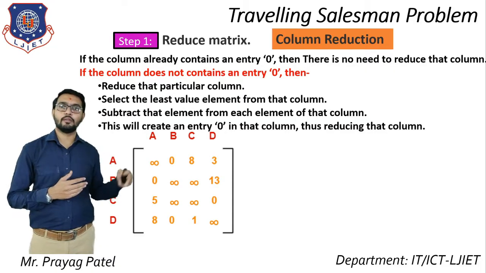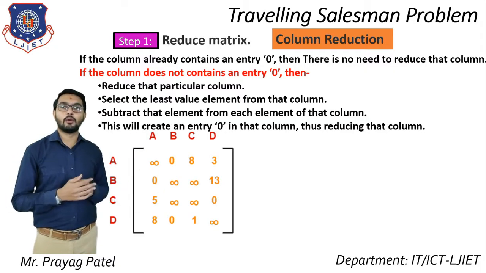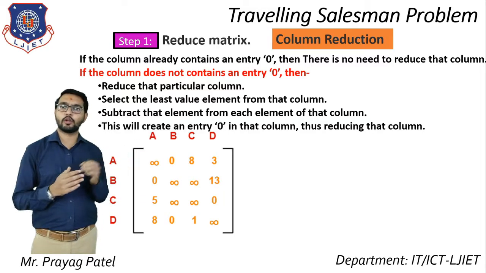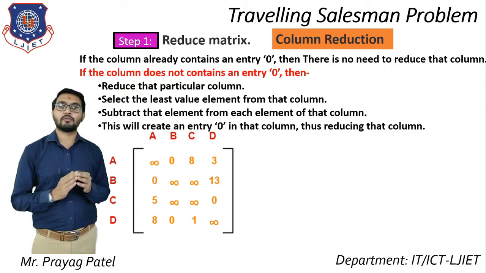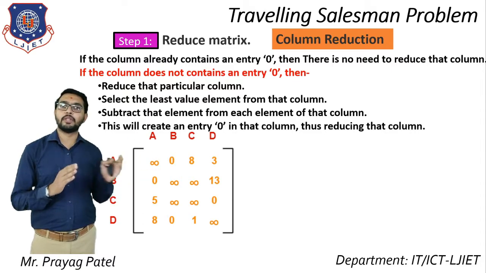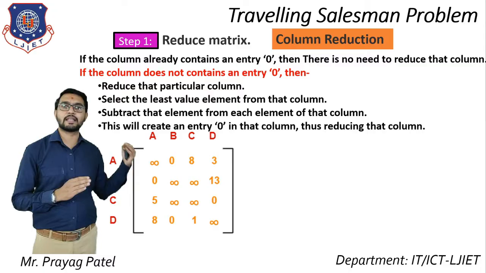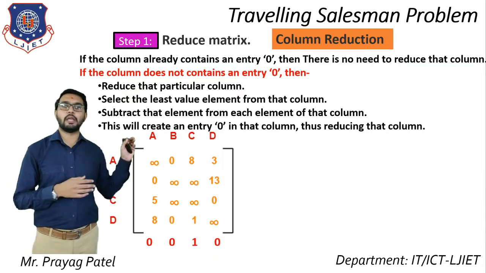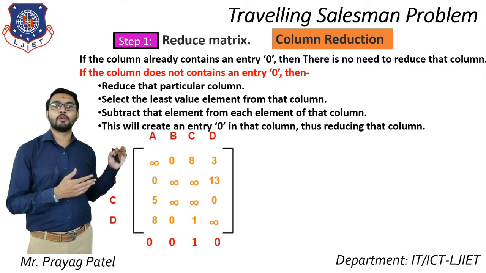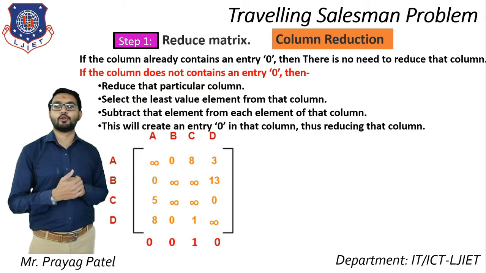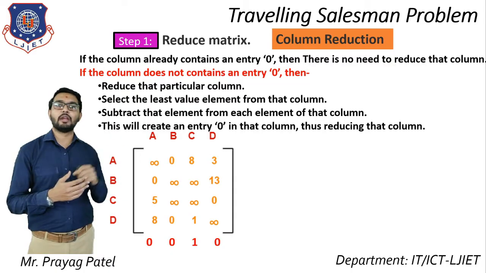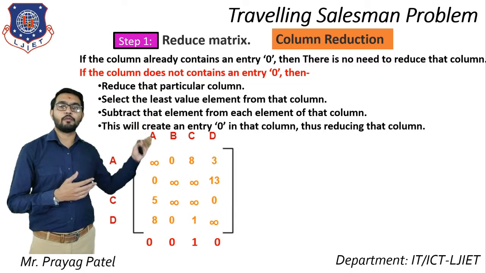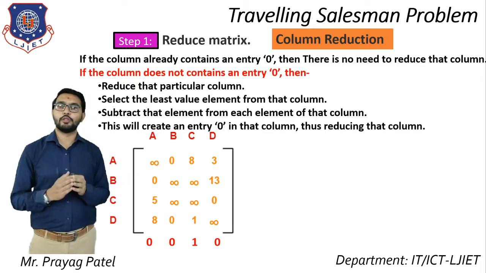For reducing any column, you take the minimum value from that column and subtract this value from the column; the resultant matrix is the column reduced matrix. So consider the minimum value from each and every column. In the first column the minimum value is 0, in the second column 0, in the third column 1, and in the fourth column 0.